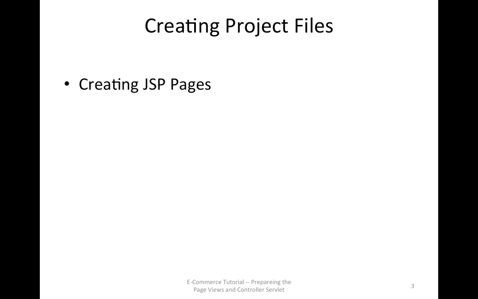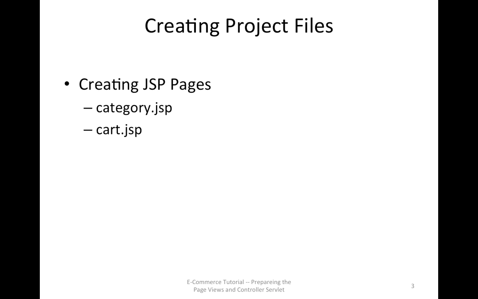The first task is creating project files. That includes creating JSP pages. We already created the index.jsp page. According to the markup we finished in Unit 2, we will create the following formal JSP pages.